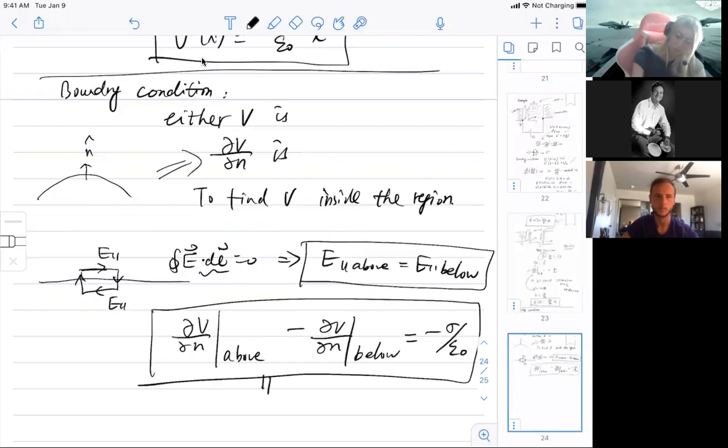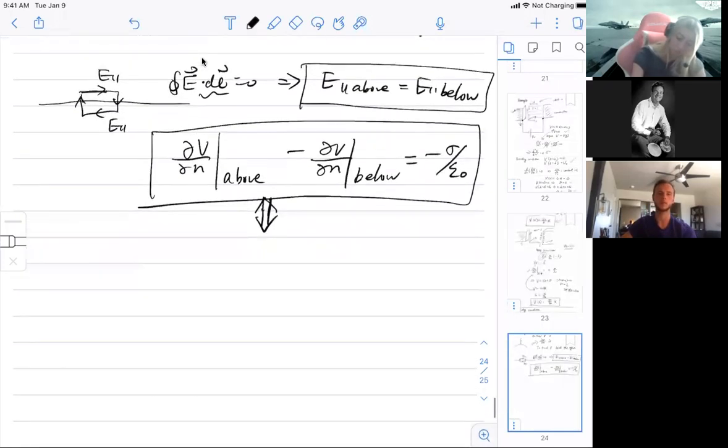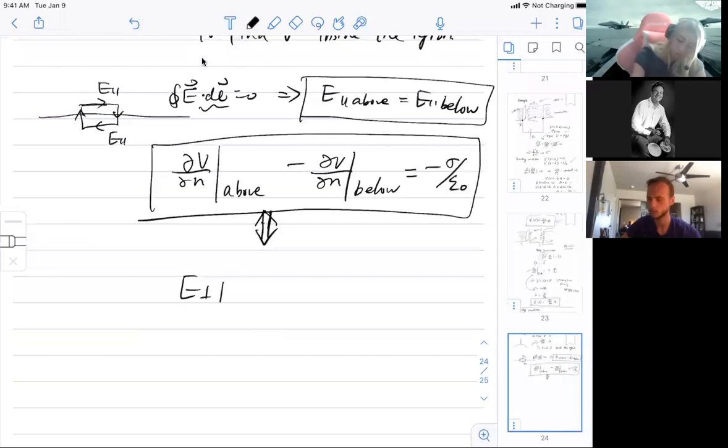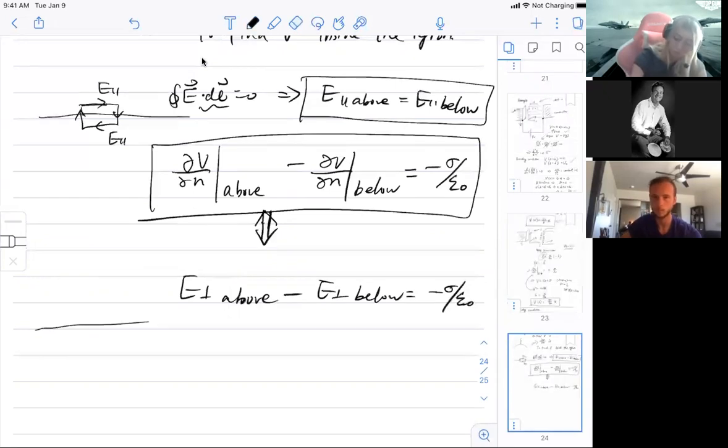This is equivalent to E perpendicular above a boundary minus E perpendicular below a boundary is negative sigma over epsilon. Because E perpendicular to the surface is in the direction of the n hat. So they either give you this or they give you this, they're the same.